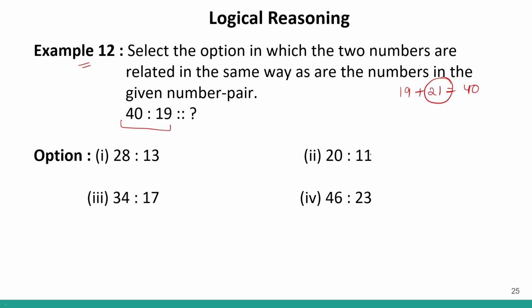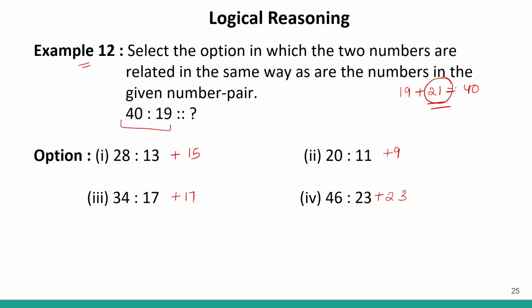So over here, this is plus 9. Over here, this is 32. This is plus 23. Correct? Over here, this is plus 17. And over here, this is plus 15. So in none of the options can I see a plus 21. So this logic is definitely not being followed.